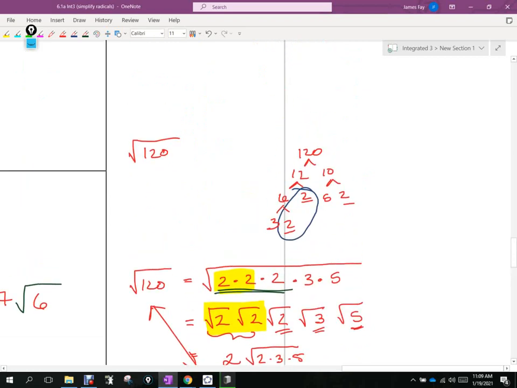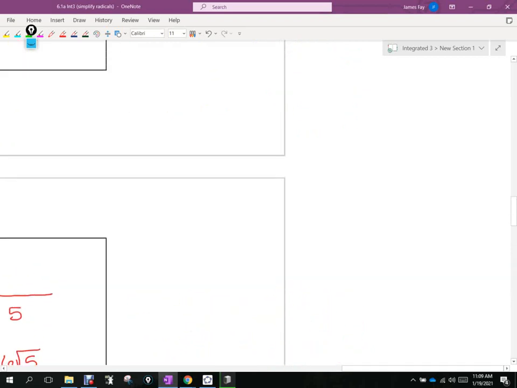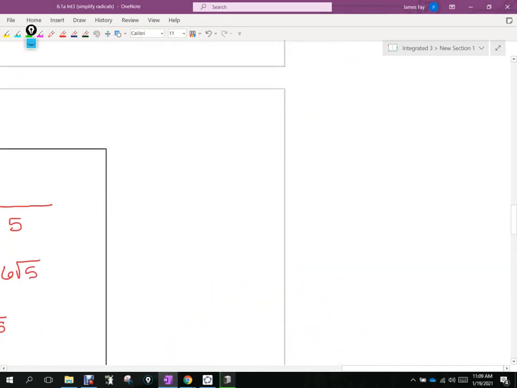Okay? So, the next step in working with radicals is to talk now about fractions underneath a radical. Okay? So let's say that we have, let's just say for now, radical 120 over 75. Okay?